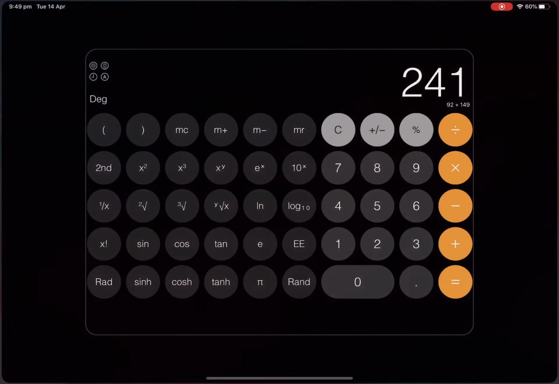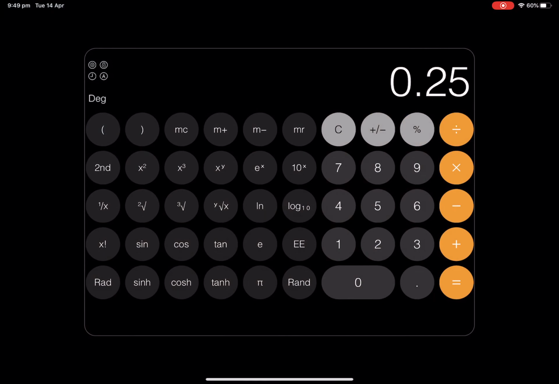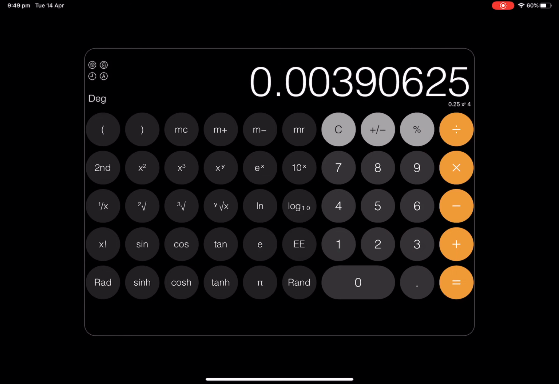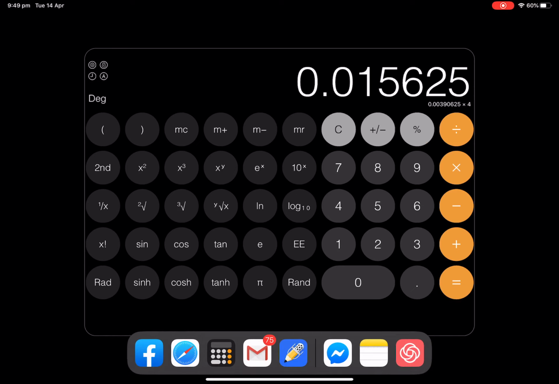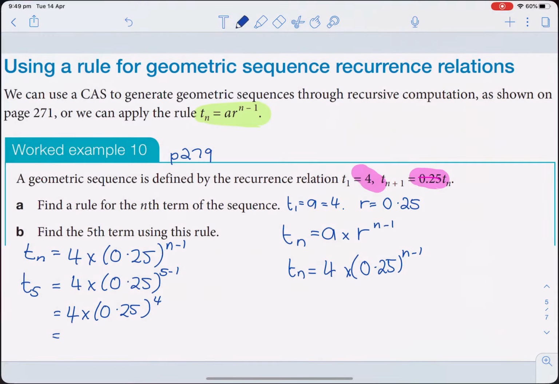All right, let's pull up a calculator. 0.25 to the power of 4 gives me a pretty small number. Then I'm going to times that by 4 and get an answer. 0.0390625.